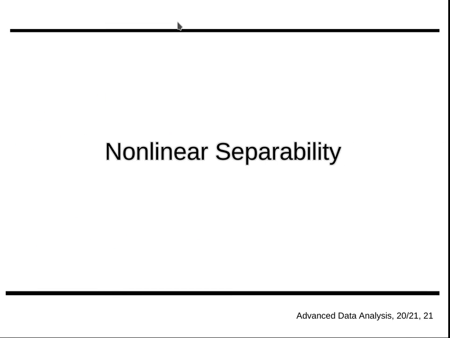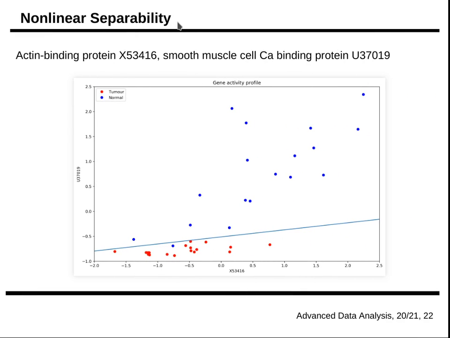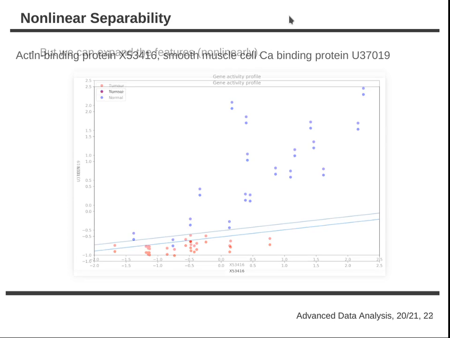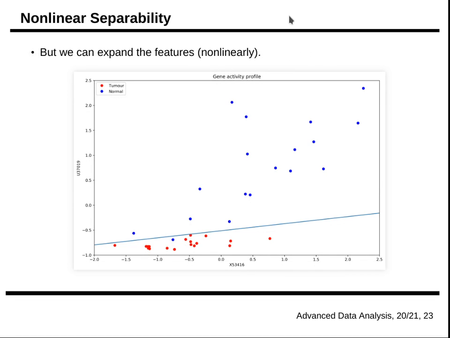But now if we have data that is not linearly separable, we can still do the same thing. We can fit the classifier, but now this linear discriminant will not be able to properly separate our data. So there is a point here that is misclassified. But we can solve this problem by doing the same trick that we did with linear regression, which is to expand our features non-linearly.